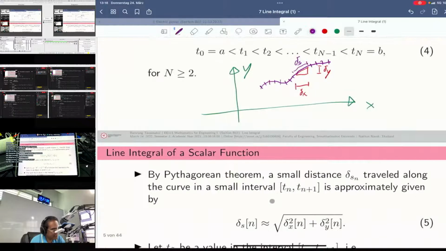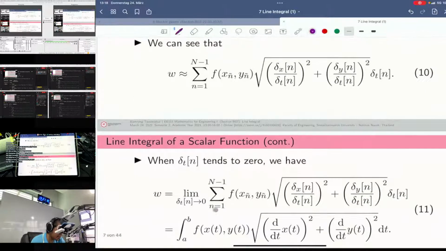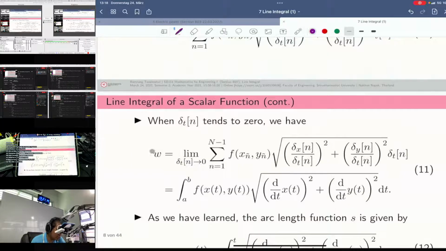So this limit will capture everything, and that's why we have the equality sign here. The discrete summation will change itself to a continuous summation, or in calculus we say this is the integration. And delta t here will be dt.